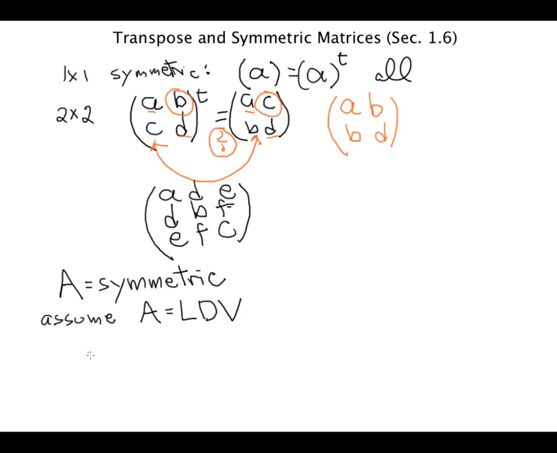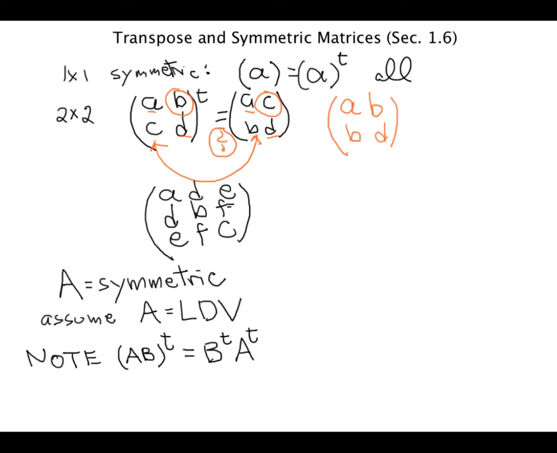Now, a basic property of the transpose is that if you take two matrices and multiply them and take their transpose, that's the product of the transposes, but in the reverse order. So when you take the transpose of a product, you reverse the order, and that holds for any number of terms.